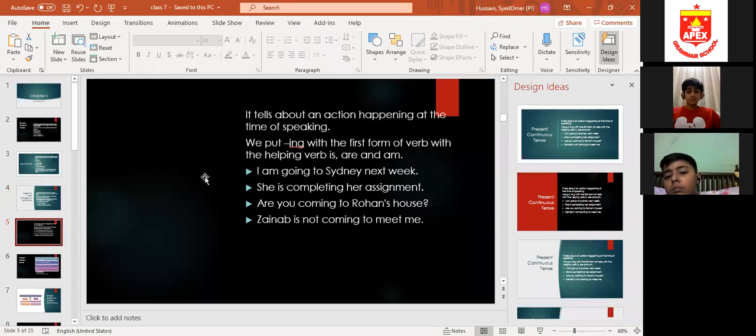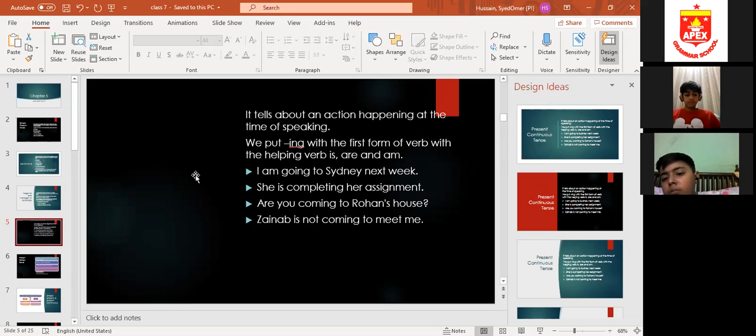Now, present continuous tense. Remember, in all continuous tenses, present, past, future, whatever we are discussing, we have to put the base verb with ing. The main verb remains the same. Continuous means which is in continuation, which has not finished.